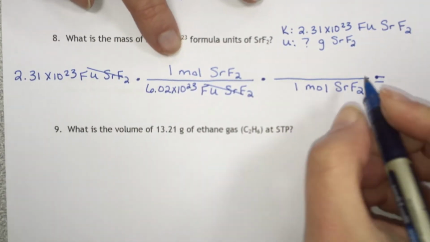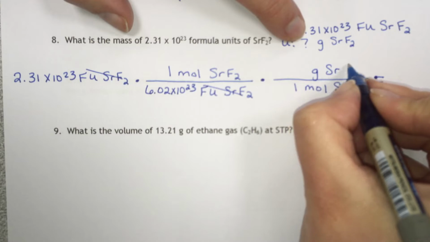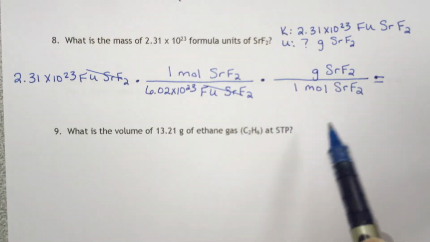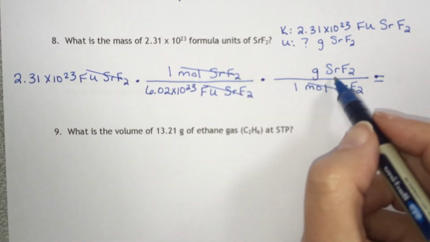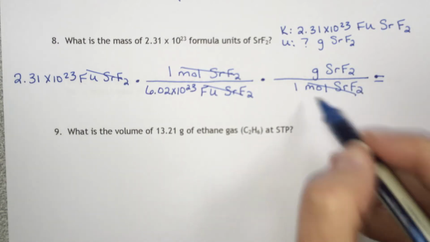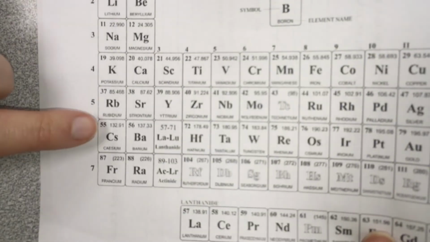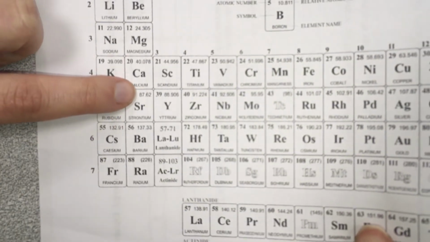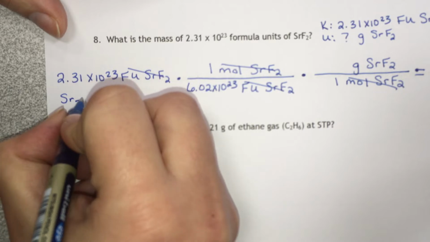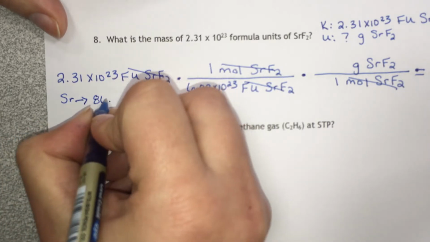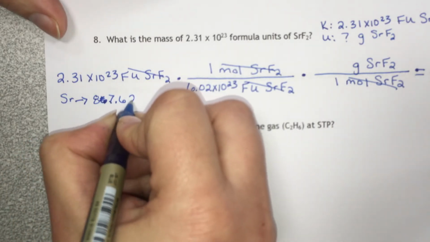That should be an equal sign. Our unknown is grams of SrF2. So these will cancel out, and we need to find how many grams of strontium fluoride are in every mole. So we just come over here. Strontium is 87.62 grams per mole. There's only one of them. 87.62.